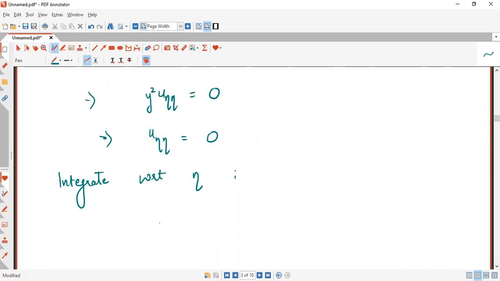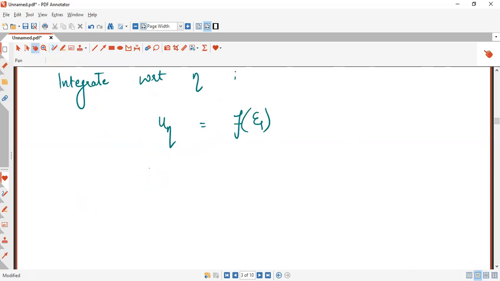So what I'm left with here is u_ξ. If I'm integrating with respect to η, the function is constant with ξ. This is an indefinite integral, and in this we add an arbitrary constant, the constant of integration. Here that constant will be in terms of ξ because I'm integrating with respect to η, and that ξ will be considered as constant. So just write some constant as f of ξ.